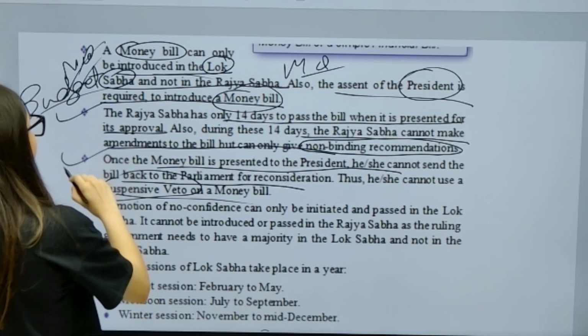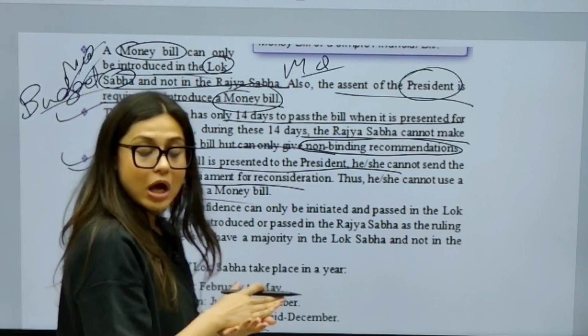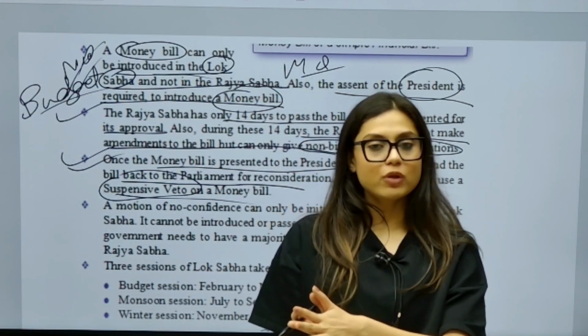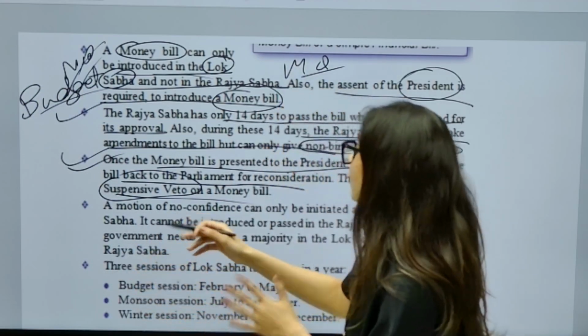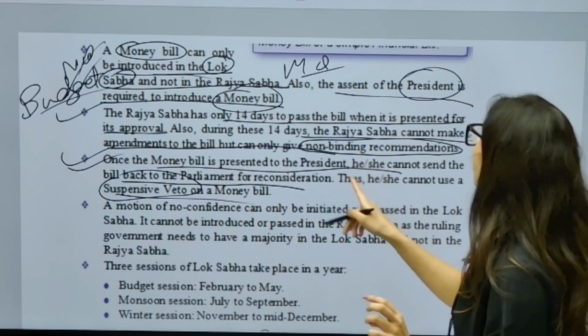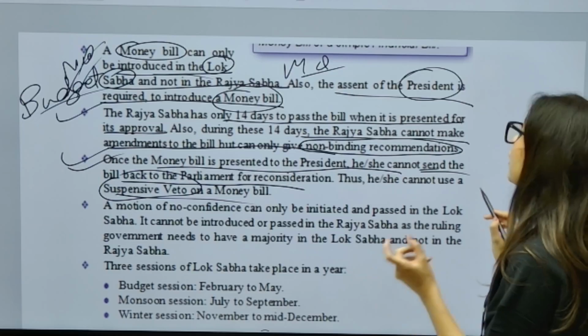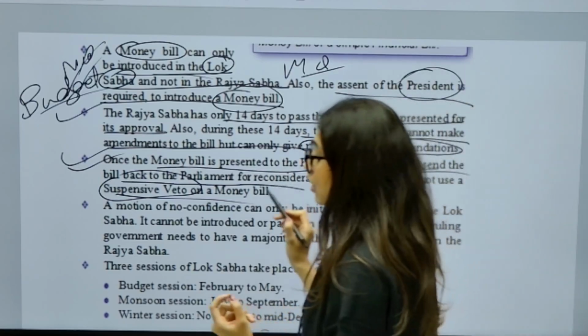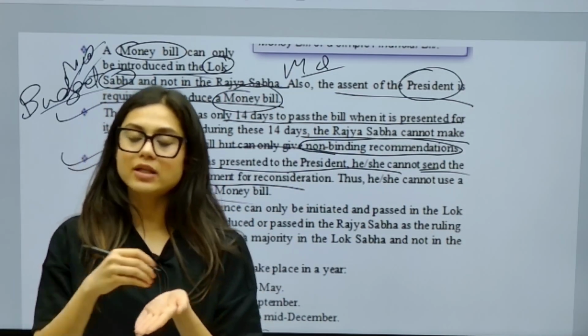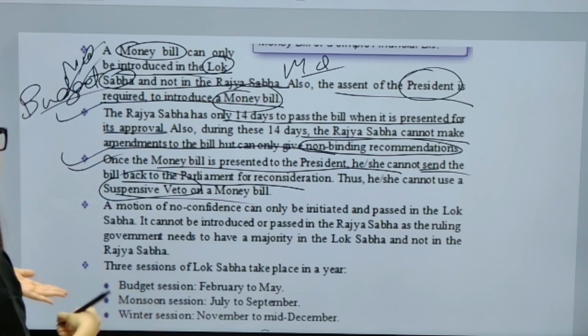So when the money bill is passed by both the houses of parliament, it is presented before the president and the president cannot suspend the bill. It has to give the assent, or if she wants some recommendations, he or she can write some recommendations.